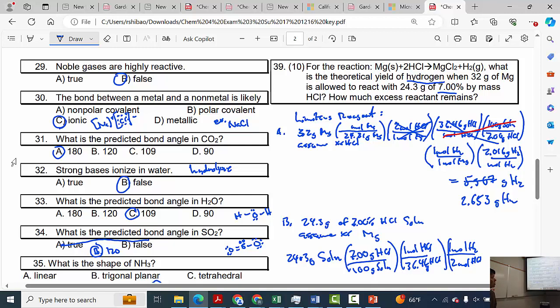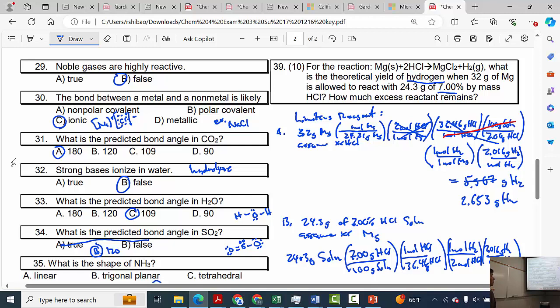And then it's a 2 to 1. So 1 mole of H2 for every 2 moles of HCl, and then 2.016 grams of H2 per mole of H2.